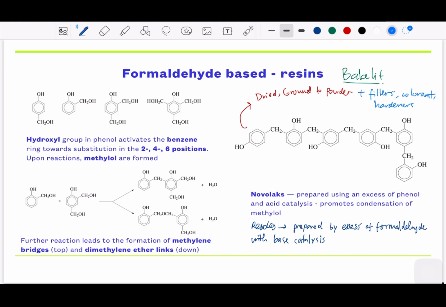And of course, these fillers are going to improve some properties. So we can adjust the mechanical property, and we can also adjust the electrical property.